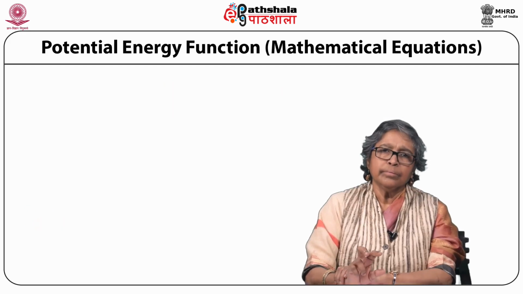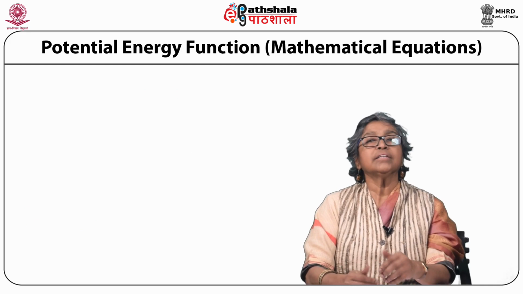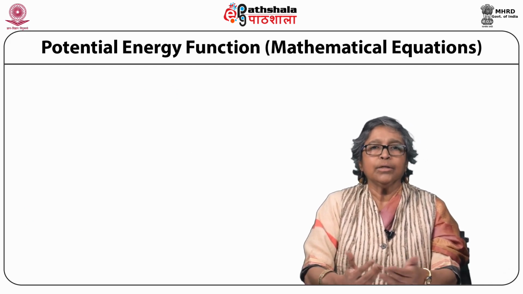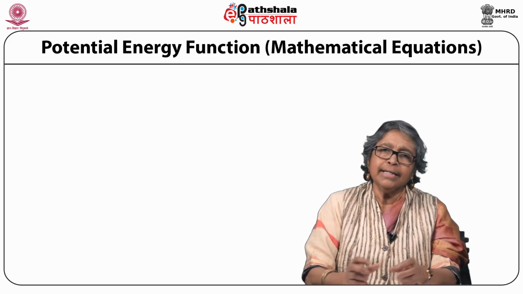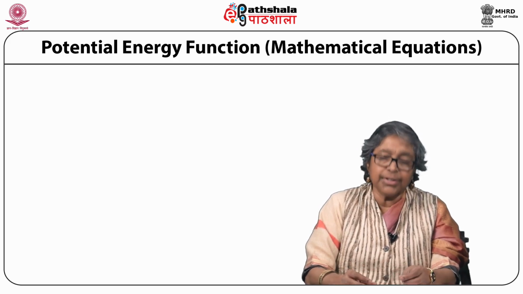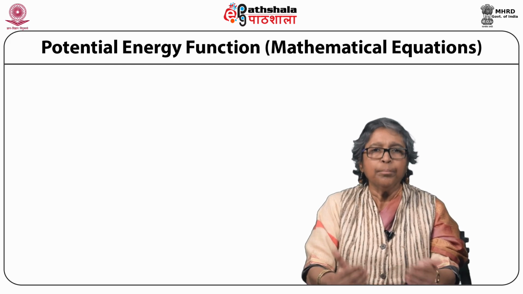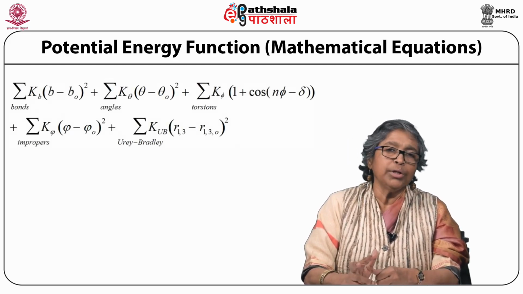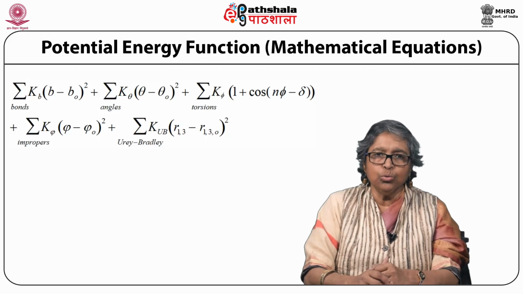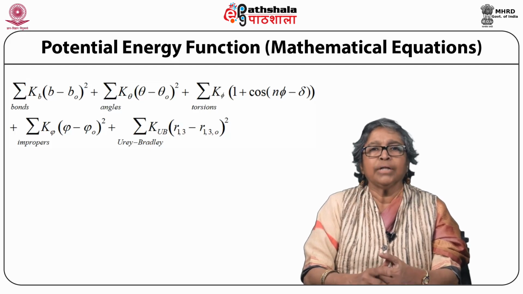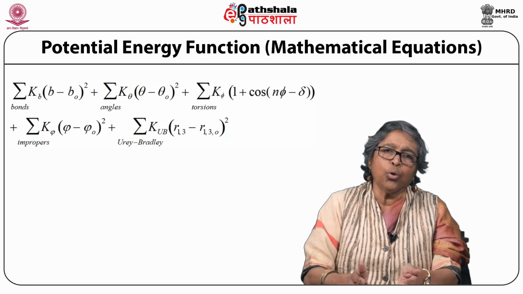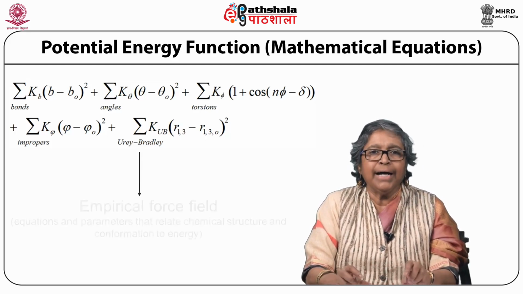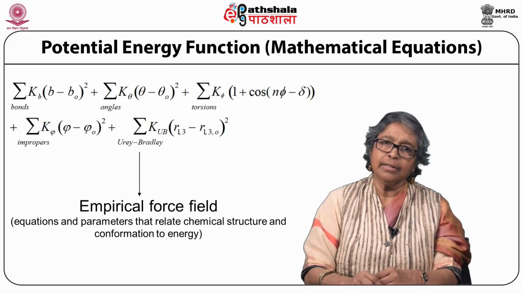Here I am showing you the potential energy function, its mathematical equation. Basically, it is a mathematical equation which is similar to potential energy functions. The terms shown at the top refer to the bond length, bond angle and torsional angles. And this is specified as an empirical force field.